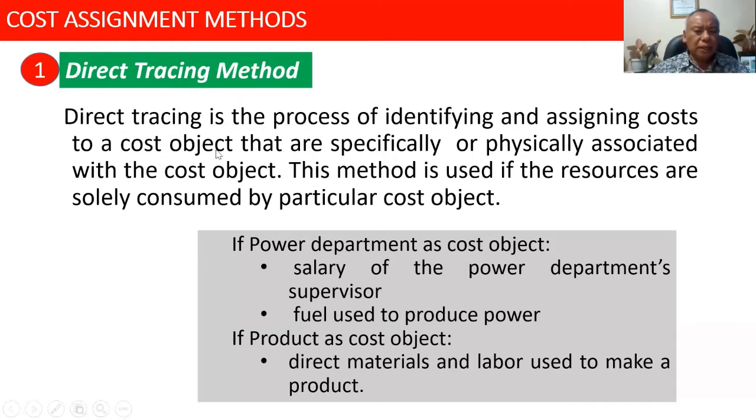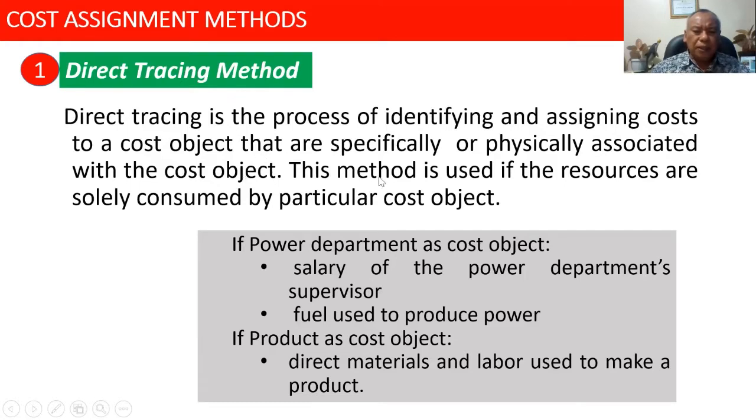So what is direct tracing? Direct tracing is the process of identifying and assigning costs to a cost object that are specifically or physically associated with the cost object.